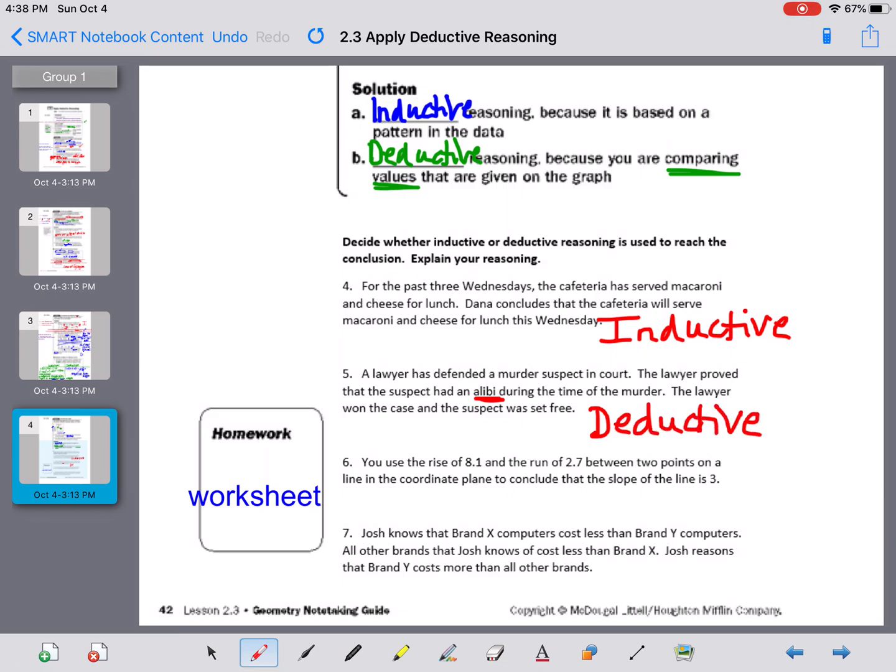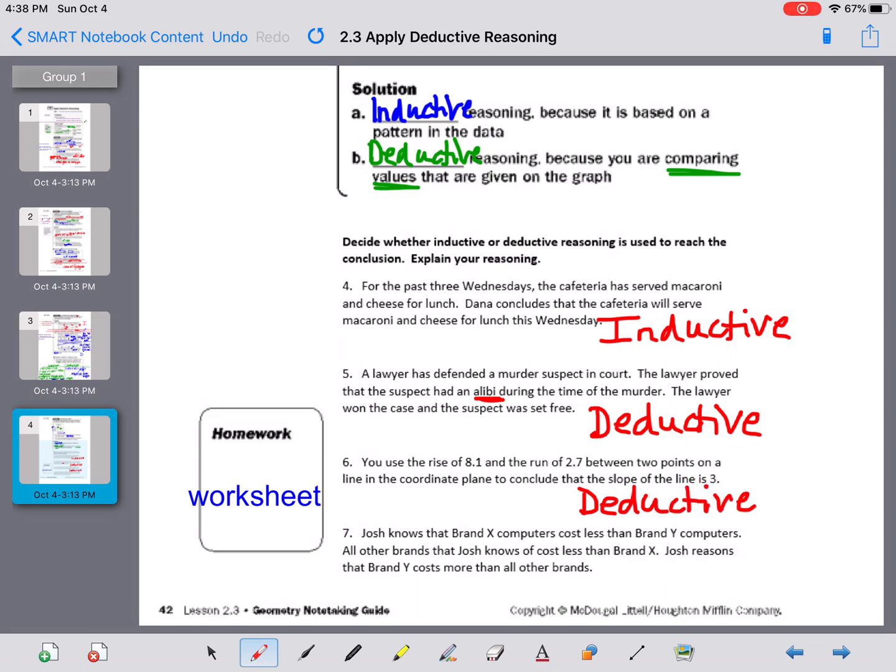So they use some facts on that one. For number 6, you use the rise of 8.1 and the run of 2.7 between 2 points on a line in the coordinate plane to conclude that the slope of the line is 3. Do we use a pattern, or do we use facts or numbers to support those facts to find a slope? I would say we definitely use some numbers or facts, so that one's also going to be deductive.